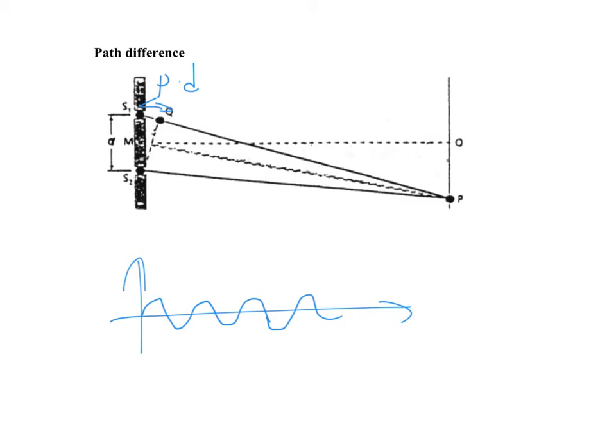So after the wave from S2 reaches already and continues, after one wavelength, then S1 comes in. When it comes in at P, it will look something like this. So this is when the path difference is equivalent to one wavelength.